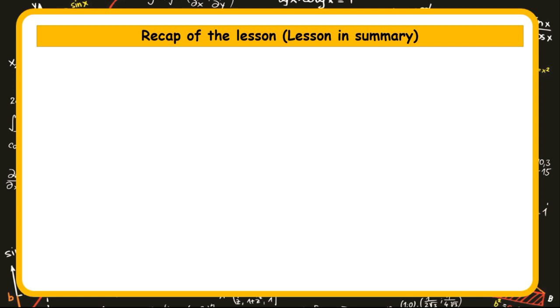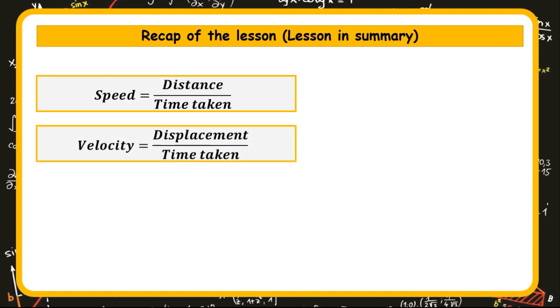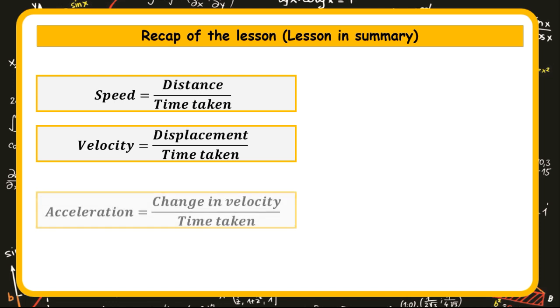Today, all I've said was if you divide distance traveled by time, it is equal to speed. And so speed is distance over time. When you divide the displacement of a body by time, you get velocity. And so velocity is displacement over time taken.